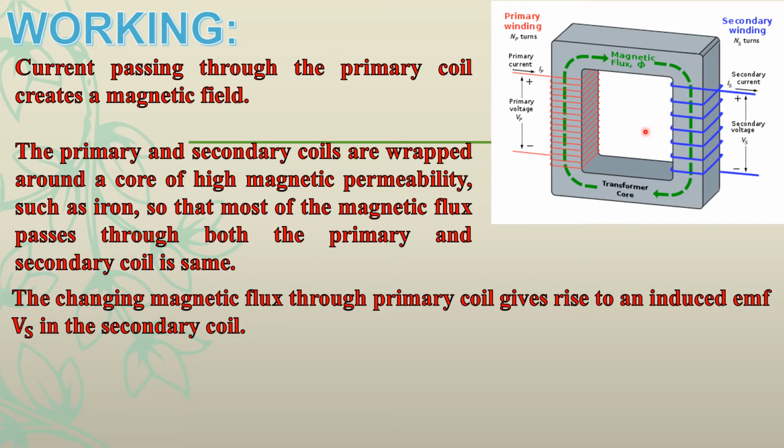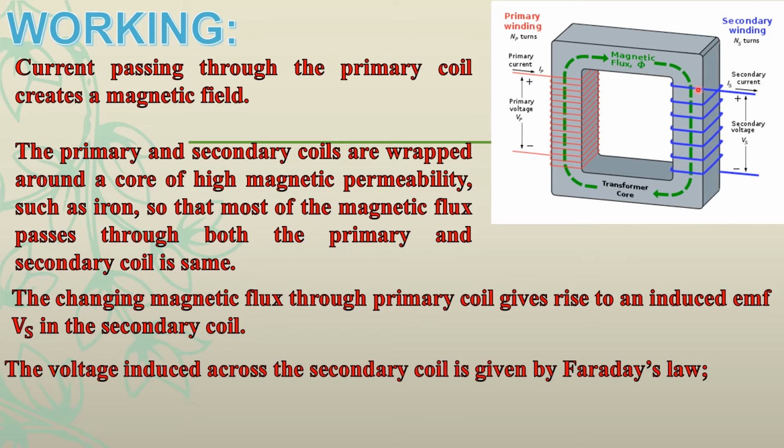And due to change in flux, the EMF is induced in secondary coil, as we have discussed in mutual induction, and this EMF is induced in the secondary coil due to the change in flux in primary coil.